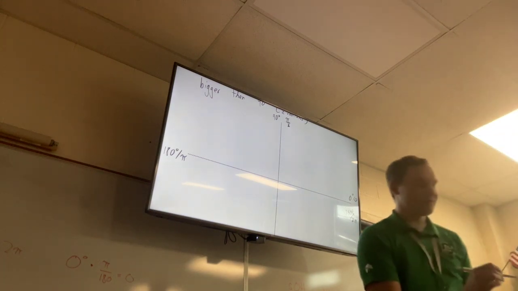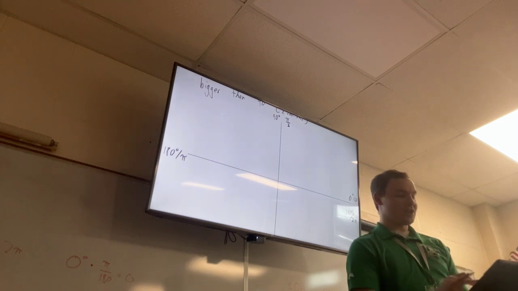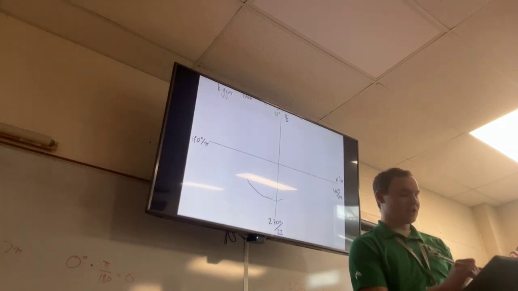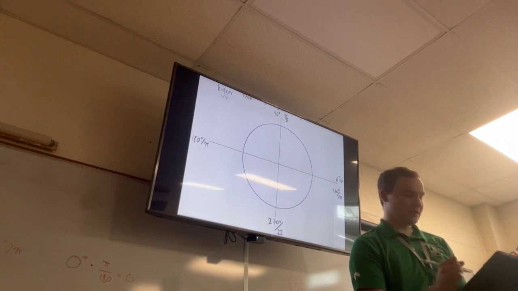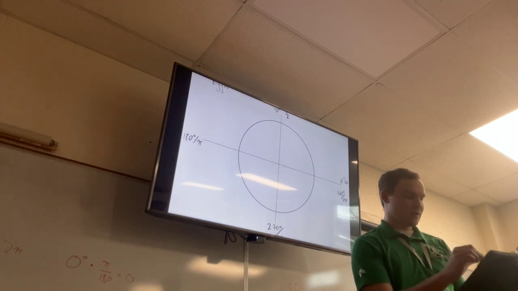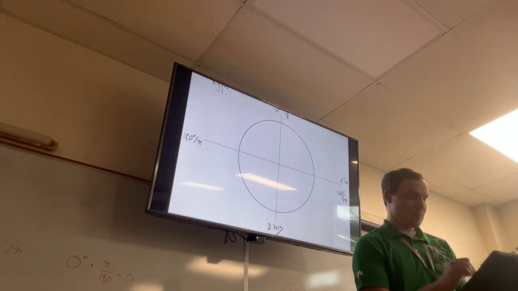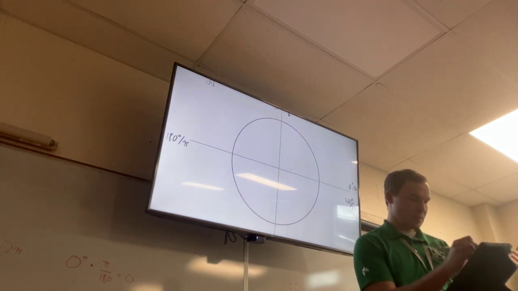So what I'm going to do is draw a unit circle, okay? It's called a unit circle because it's a circle whose radius is a single unit. I'm going to draw a circle of radius 1, and I'm going to center it at the origin.